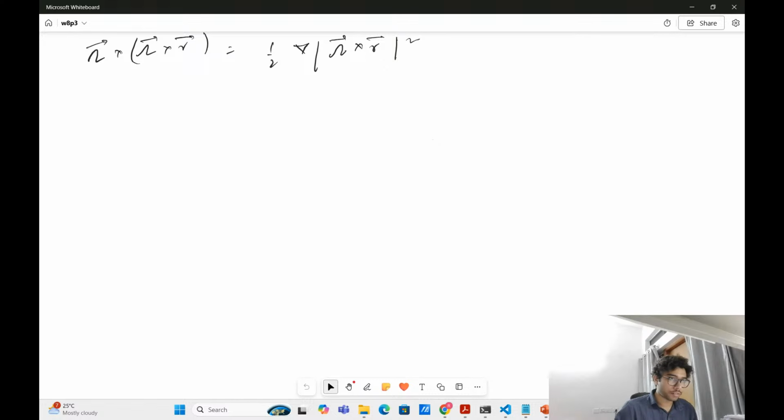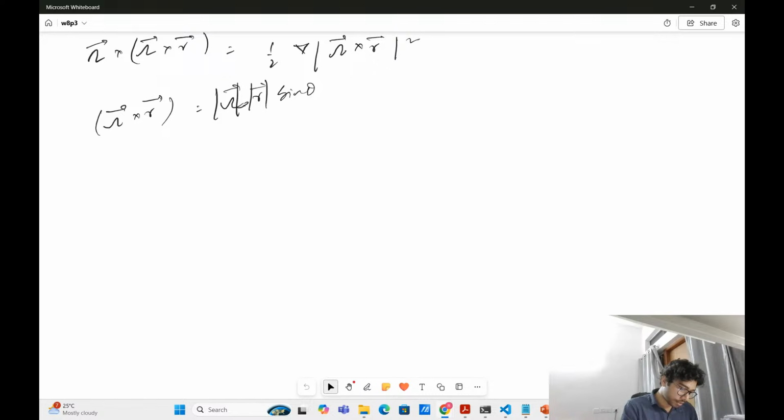Is there a question? Okay. So omega cross r, the cross product, is basically mod omega mod r sine theta. That is a basic vector law.